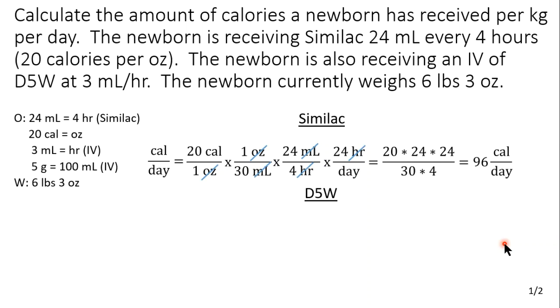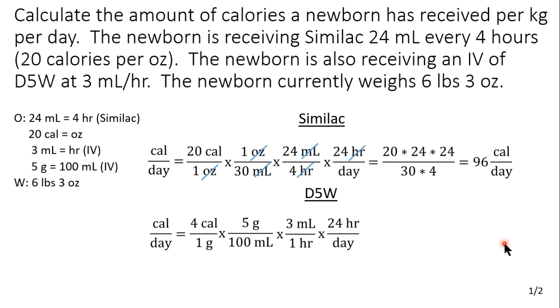So we still are looking for calories per day equals, as we mentioned at the beginning, the dextrose is 4 calories per gram times the 5 grams over 100 milliliters times the rate of the IV, which is 3 milliliters per hour, and we have 24 hours in a day.